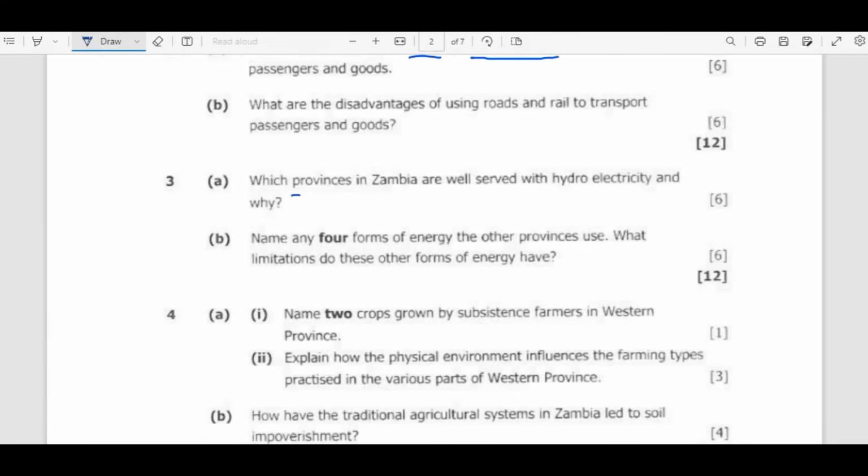Obviously, it is Lusaka. So Lusaka, not only Lusaka, but also Copperbelt. Not only Copperbelt, but also Central Province. Not only Central, but also Southern Province.